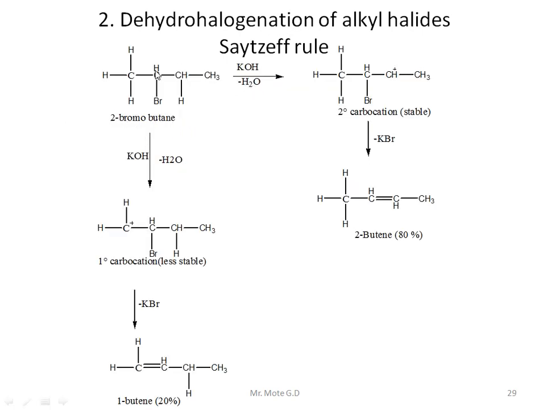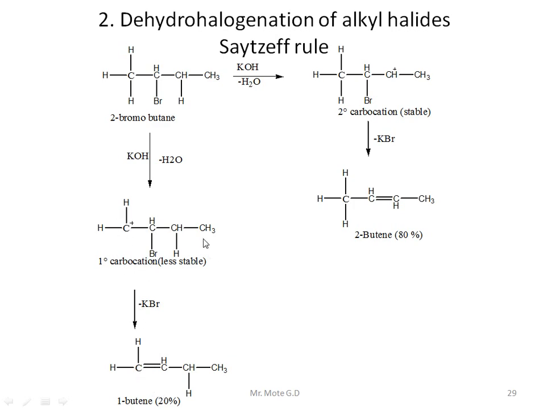Initially 2-bromobutane is treated with KOH or NaOH, and when we are treating with KOH, hydrogen will be removed. This will produce a primary carbocation, and again Br will be removed to form 1-butene.